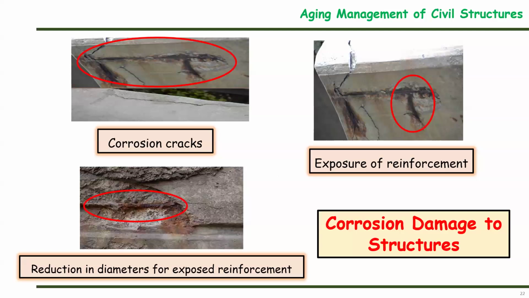Corrosion damage results in three types of damages. Number one is reduction in cross-sectional area of the steel. Number two is reduction in cross-sectional area of concrete. And number three is reduction of bond between the concrete and steel.